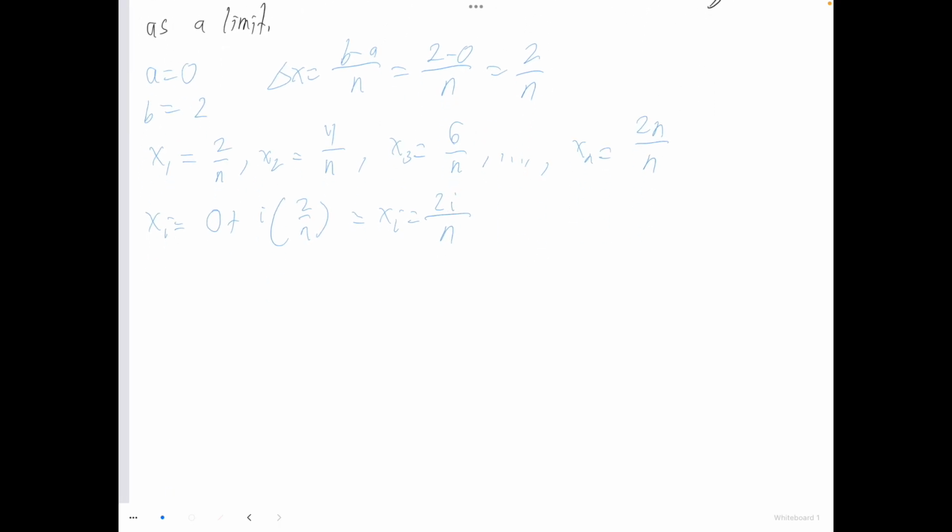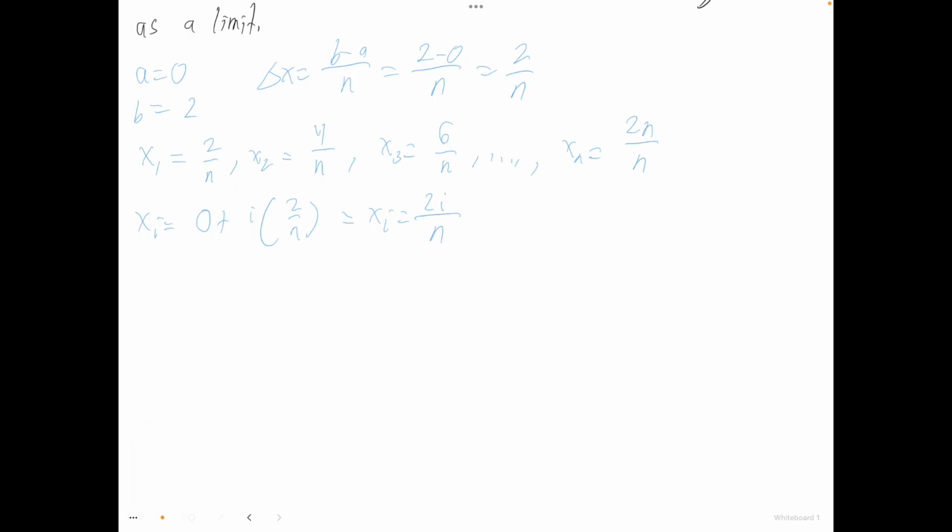And so our right-hand sum formula is giving us that R sub n is equal to f of x sub 1 delta x plus f of x sub 2 delta x, and so on to f of x sub n times delta x, which, plugging things in, is e to the negative x1 delta x plus e to the negative x2 delta x, and so on to e to the negative xn delta x, because f of x is e to the negative x.